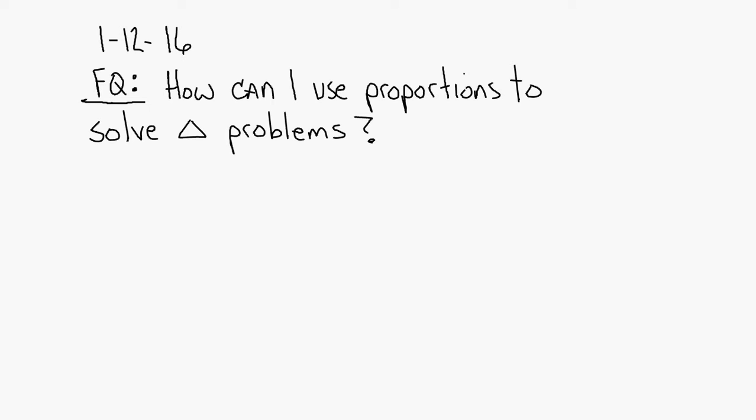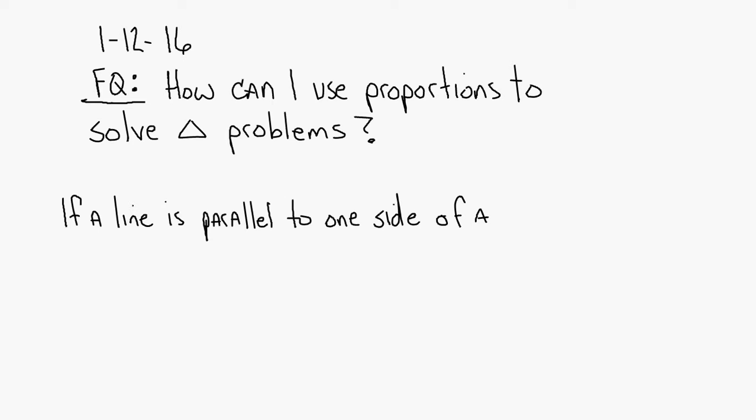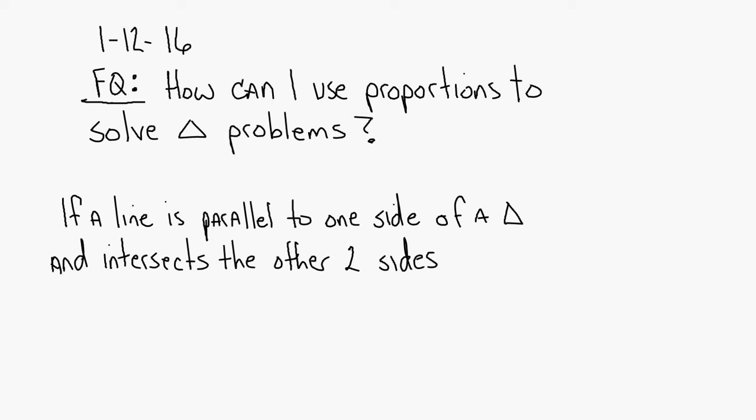Alright, on page 490 is the triangle proportionality theorem. And it says if a line is parallel to one side of a triangle and intersects the other two sides, then it divides the sides proportionally.